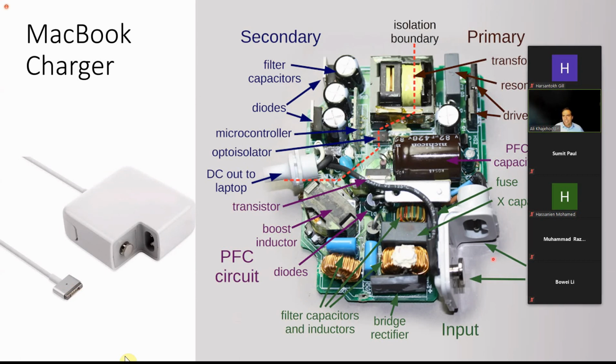So this is how your battery gets the voltage and current that it needs to get charged. So do we want to have all these components, and is it small enough?